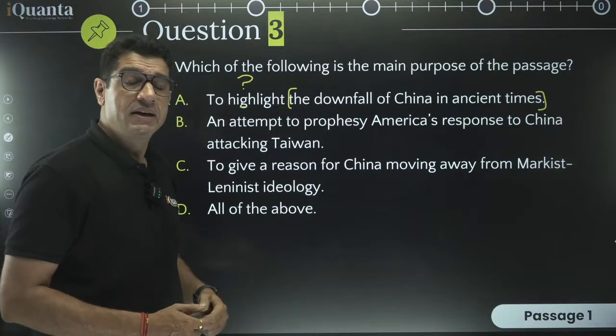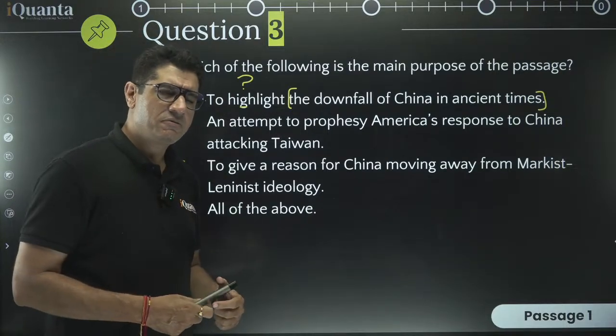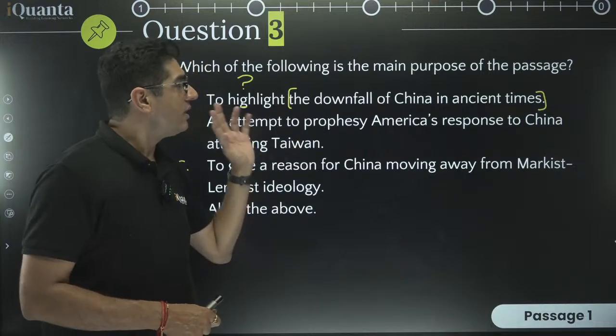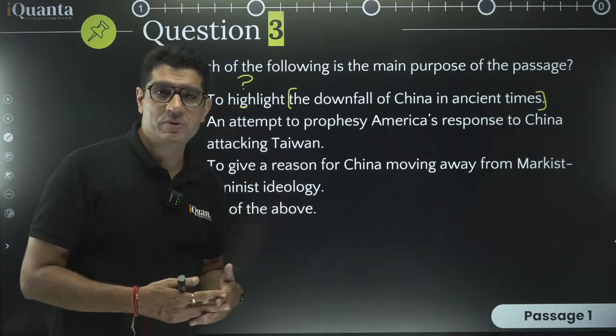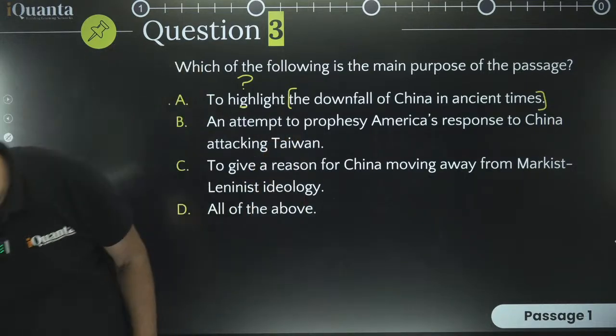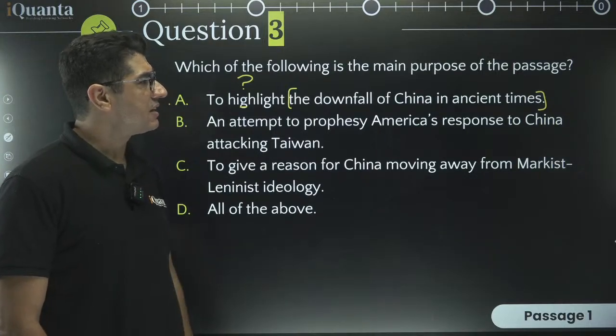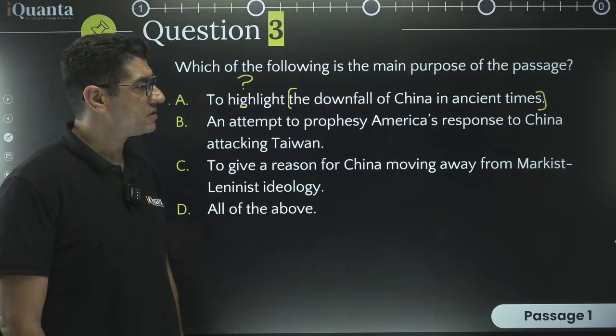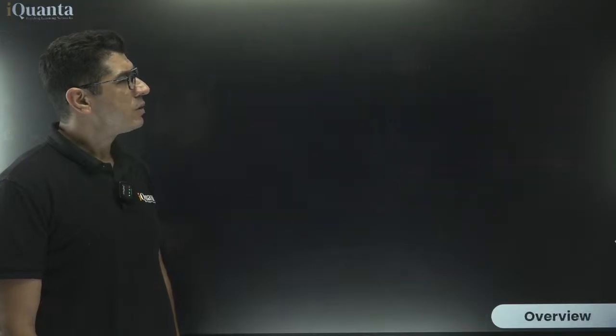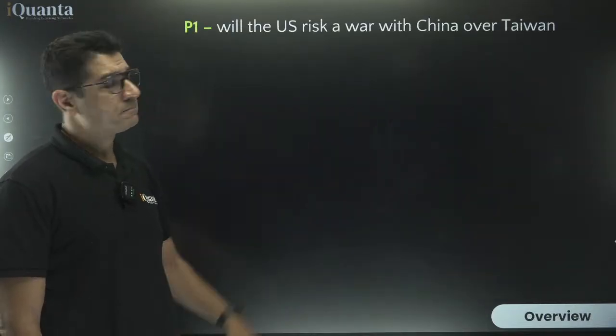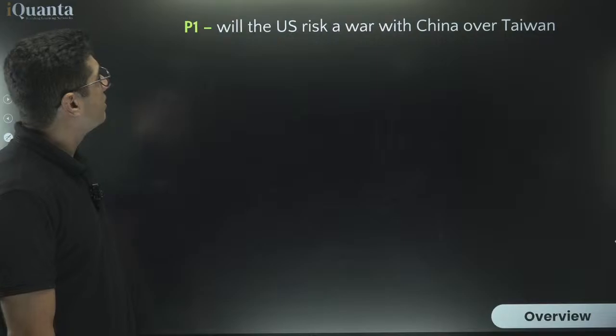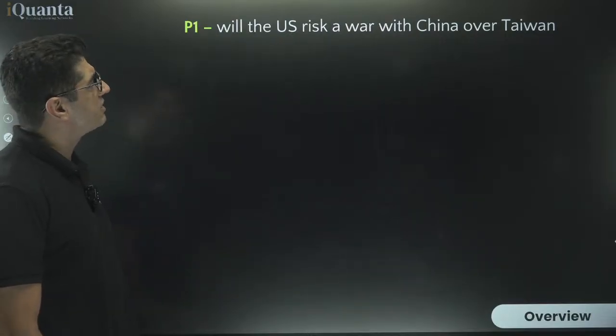Yep. It is something that is given in the first paragraph as well. Now, this is where an overview helps. So when I read the passage, at the end of it, I notice that there are 4 paragraphs. What was the first paragraph about? Then, will the US risk a war with China over Taiwan?